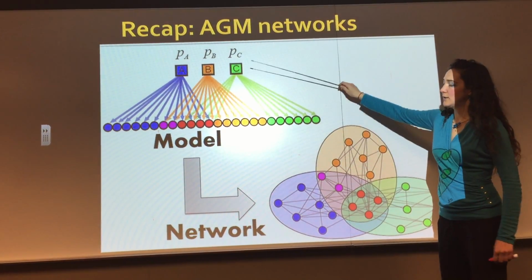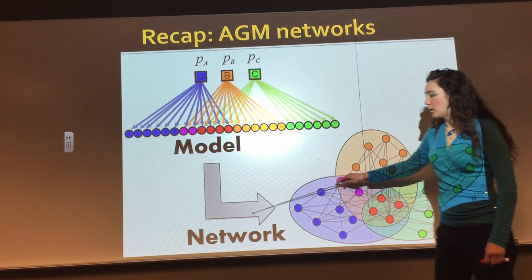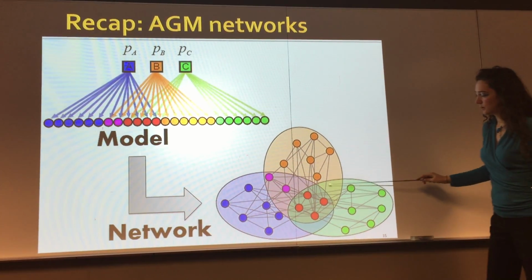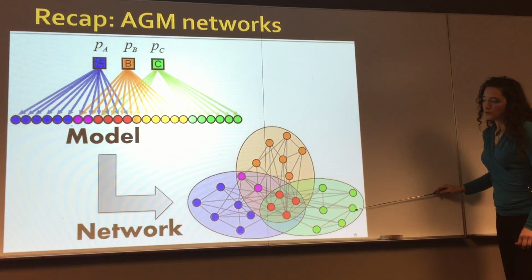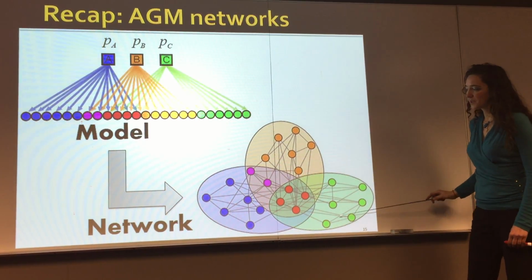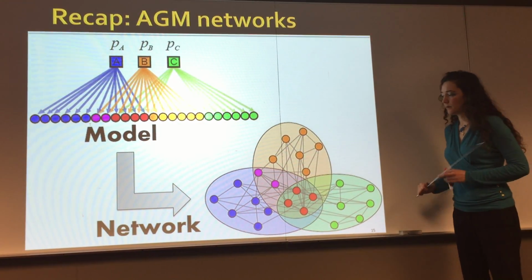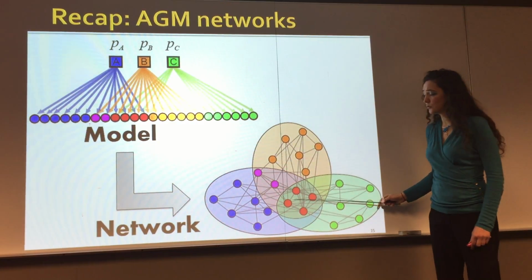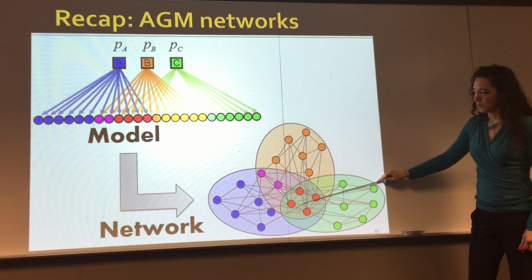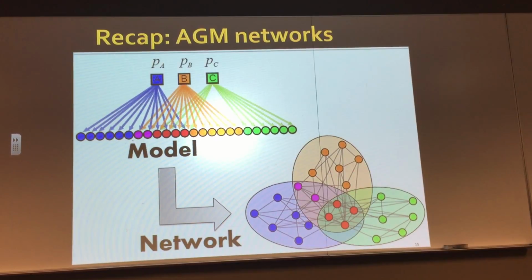If we have all these four pieces of information, we can use that to create a model that, from this information, will allow us to provide the structure of the network. So which node links with which node, and what are the communities and how do they overlap. Obviously the red ones are part of all the communities, because all of them overlap there.